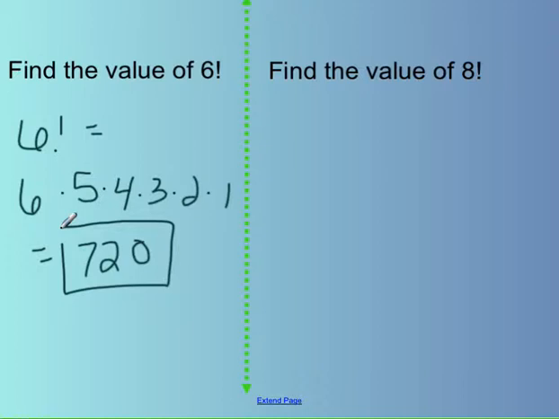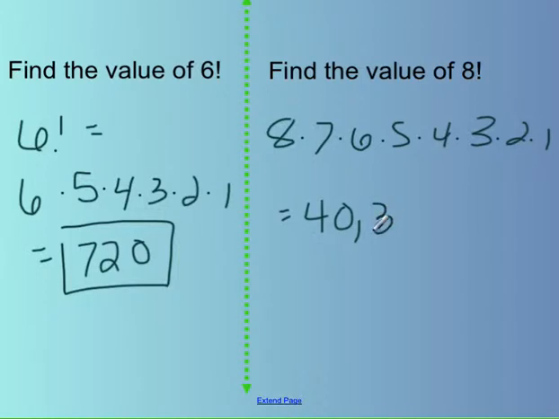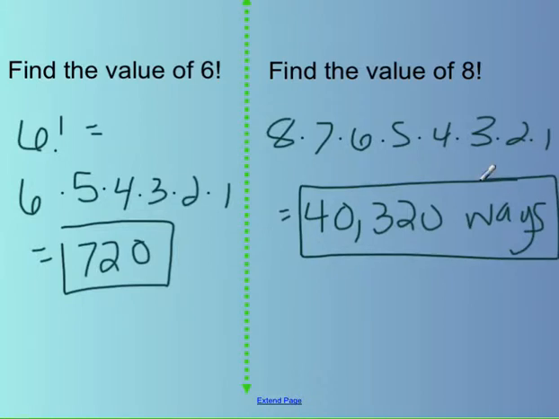Same with 8 factorial. What's 8 factorial? That's 8 times 7 times 6 times 5 times 4 times 3 times 2 times 1. You can type all of that into your calculator. This is purely just about using the calculator. So you get 40,320 ways for that 8 factorial.